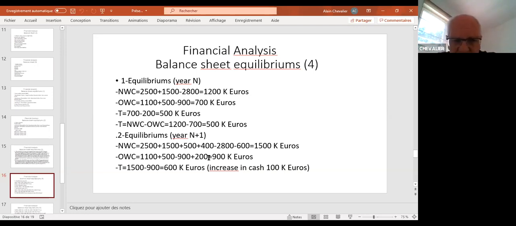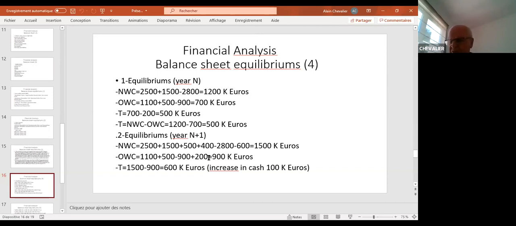If you compare with the preceding value of T, it was 500. It means there is an increase in cash available of 100k euros. So the company was able to finance the new investment and at the same time to increase the net working capital, which is probably good news.